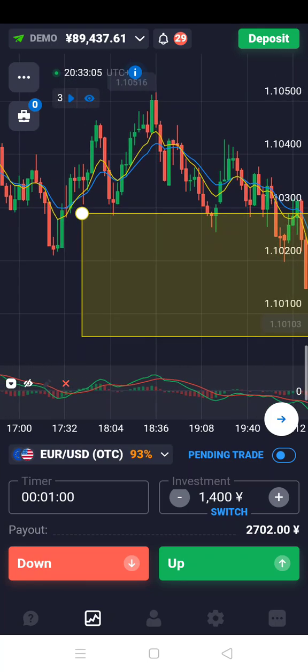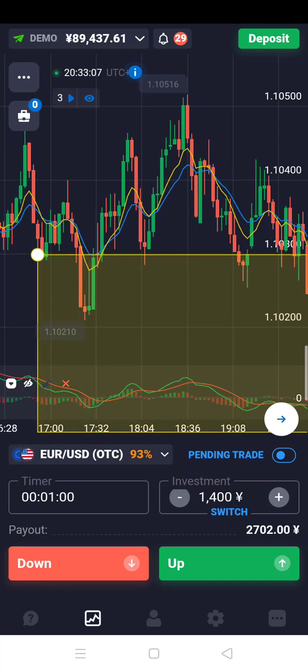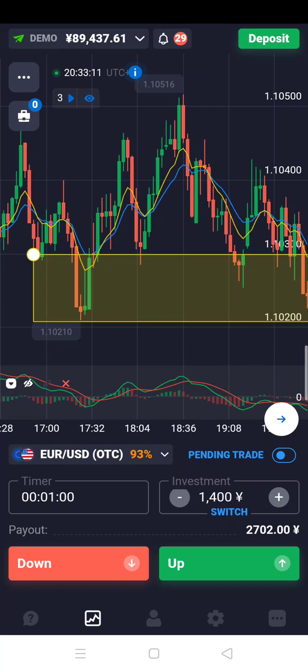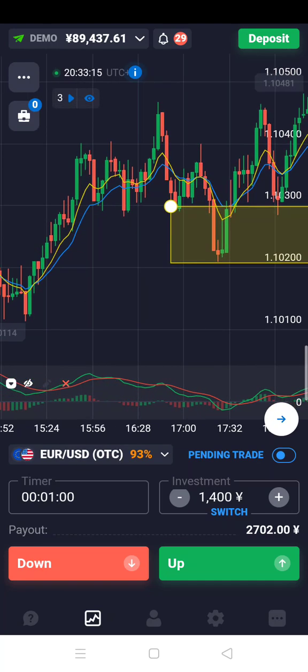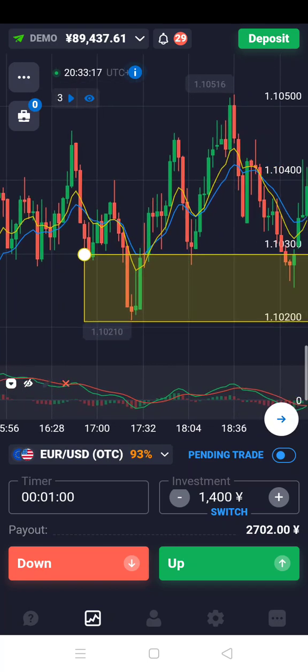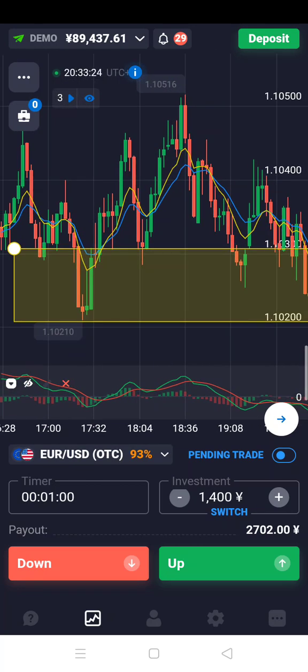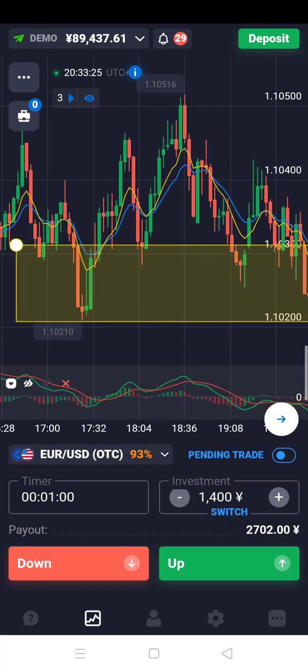I'm just gonna draw it out for you right here. So when you want to take a level, you can see I drew this level right here. I'm gonna put it at the lows, at the very low of the wick, and I'm gonna put it at the very high of the green candle.